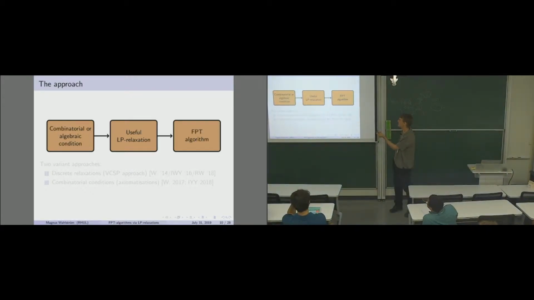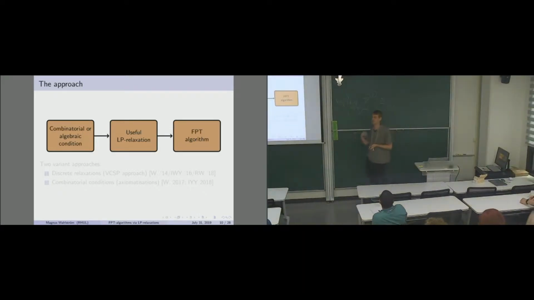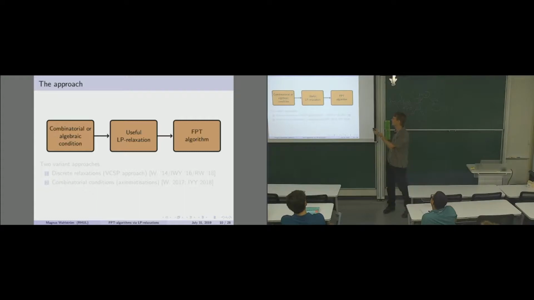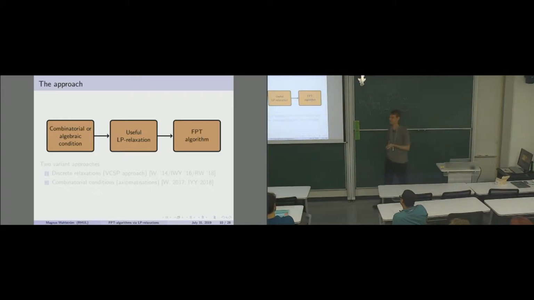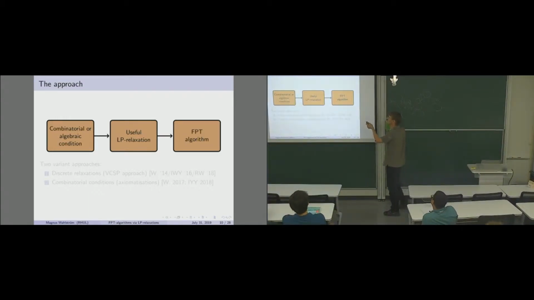Using this condition, you can use tools from the literature to show that it has an LP relaxation, which could be non-obvious, which could be useless for approximation, but could still exist. That would have these properties, like generalizations of half integrality and some persistence. And then once you have created this, you can design an FPT algorithm for it.